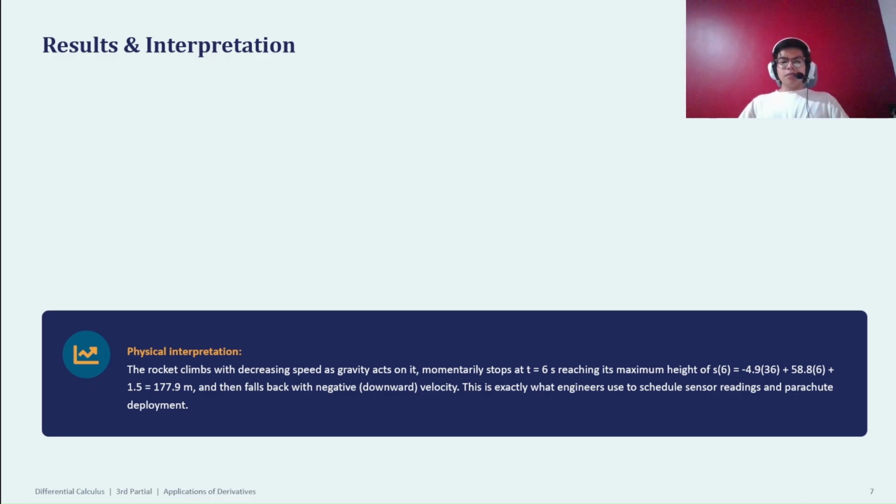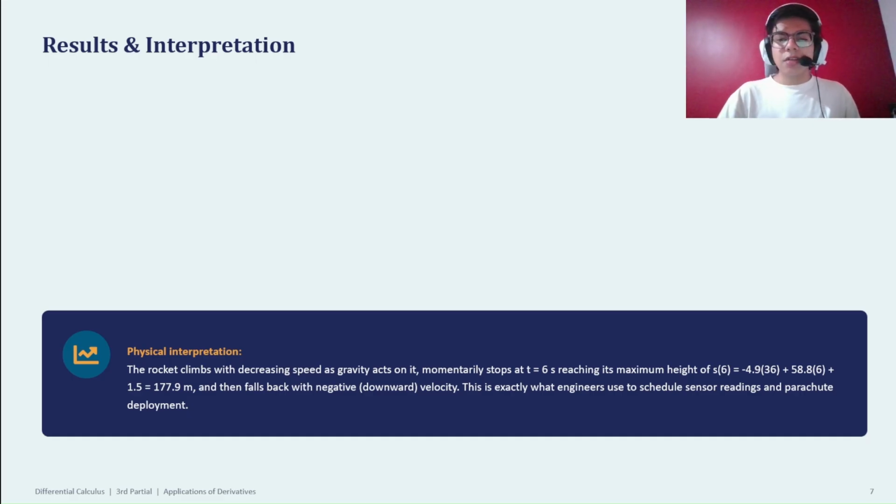The rocket climbs with decreasing speed as gravity acts on it. Momentarily it stops at t = 6 seconds, reaching its maximum height of s(6) = -4.9(36) + 58.8(6) + 1.5. That gives us 177.9 meters, and then it falls back with a negative downward velocity.